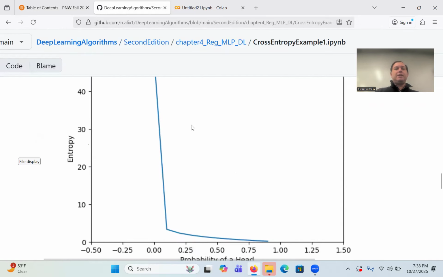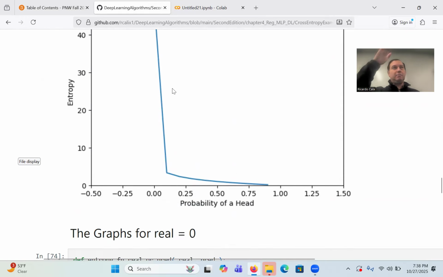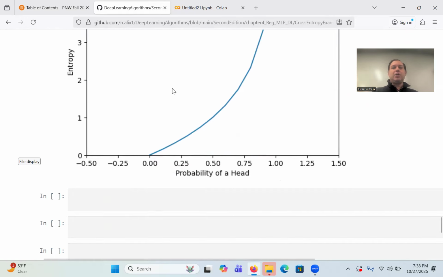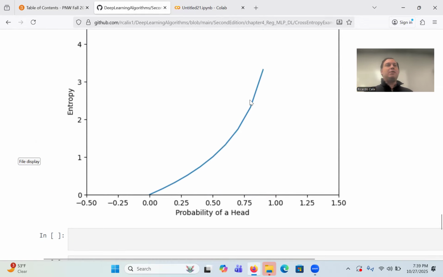Notice that this one goes down like this, right, towards 1. This one goes down in the opposite direction towards 0. So now think of you're here, you're the little mountain man here, right? You want your entropy to be low.